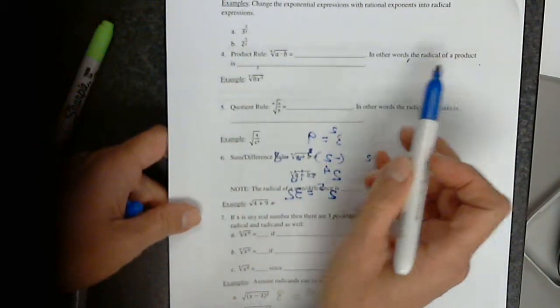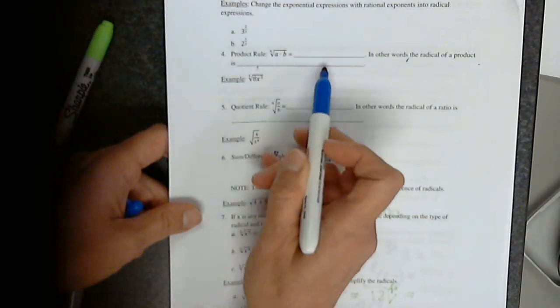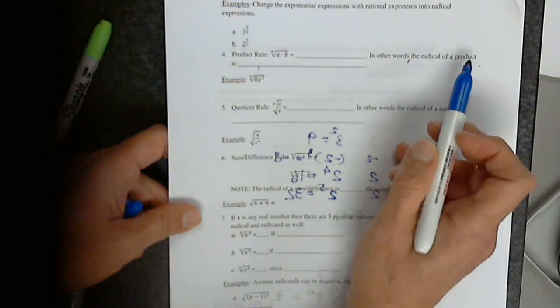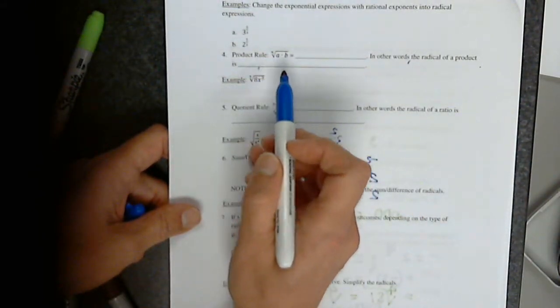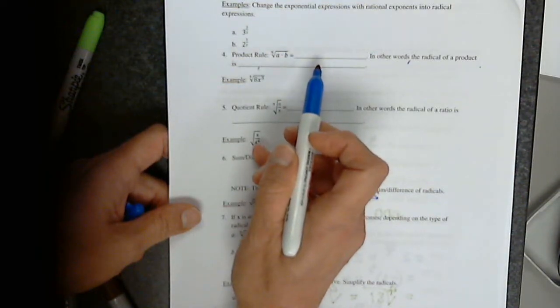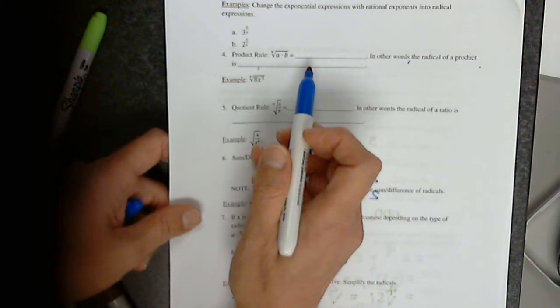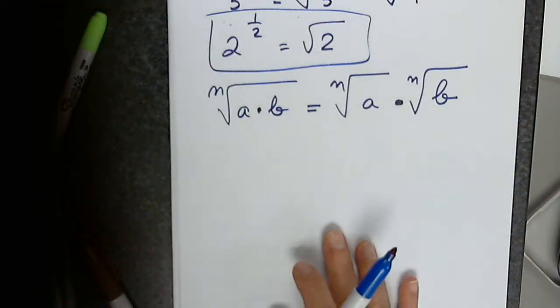In other words, the radical of a product is the product of the radicals. Easier to remember. Any questions?